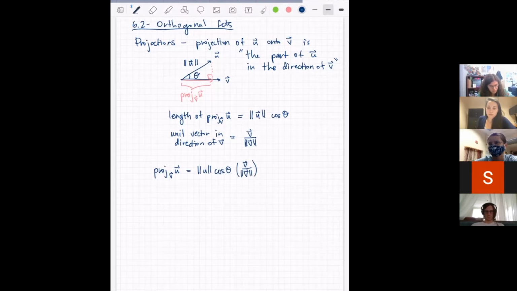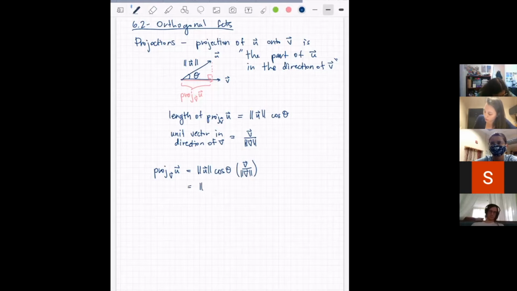Okay, so we're going to do some manipulation to be able to write down a nice formula for this. What I'm going to do is take that norm of V and put it with the other scalar part, right?